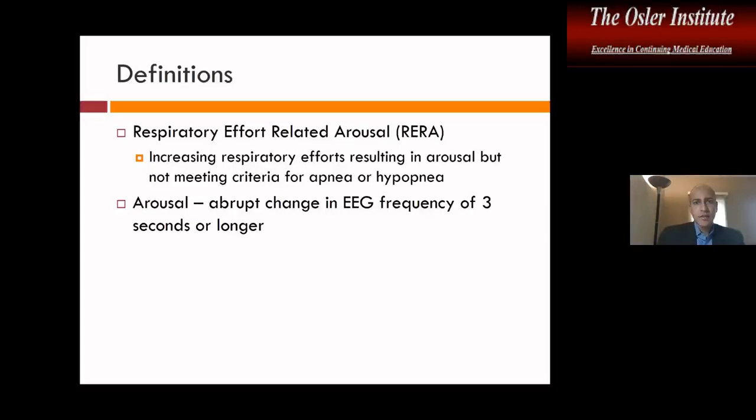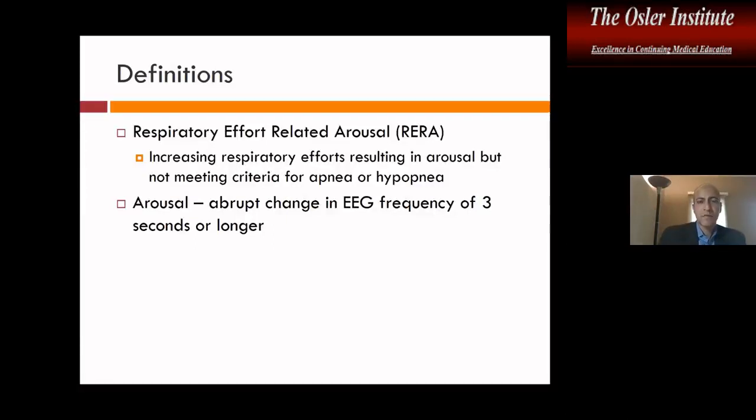When you look at the questions you may encounter, or when you're looking at sleep studies, it's important to look at what the question is asking. Are they asking for AHI or for RDI? AHI is your apnea-hypopnea index, which is based off of those two definitions we just covered, whereas RDI also looks at respiratory effort-related arousals, which help define other sleep disordered breathing conditions such as upper airway resistance syndrome, but not true obstructive sleep apnea.